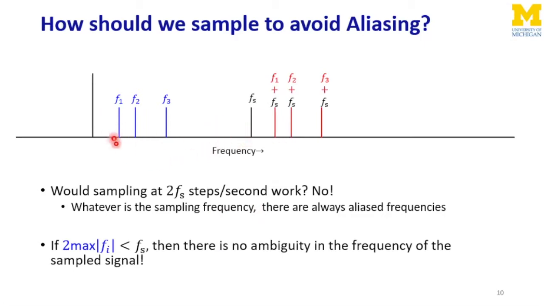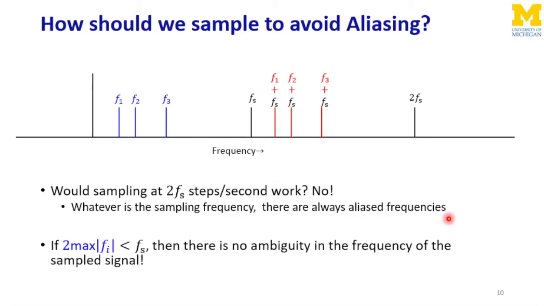These are possibly alias frequencies. So what if we sample at twice f sub s steps per second? Would that work? Actually, that also would not work, because whatever the sampling frequency, there are always going to be alias frequencies, and you can never be sure of the continuous time signal from which your samples came.